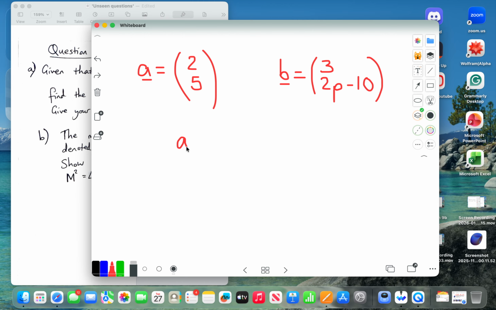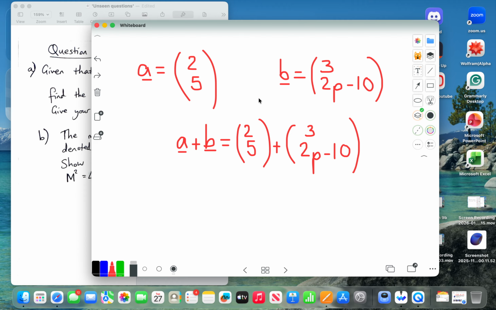We want to add these, so let's do A plus B. We then get 2, 5 written vertically plus 3, 2p minus 10.